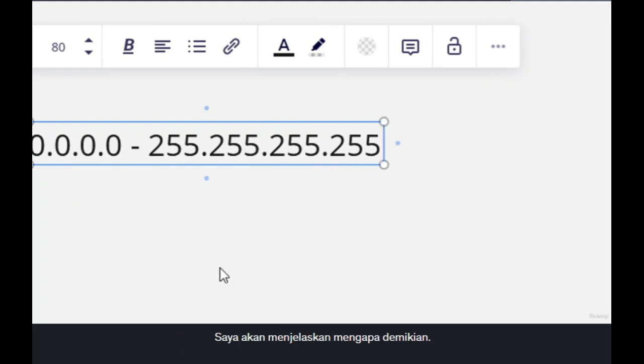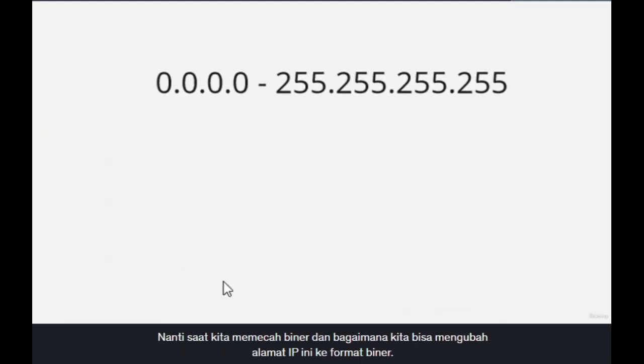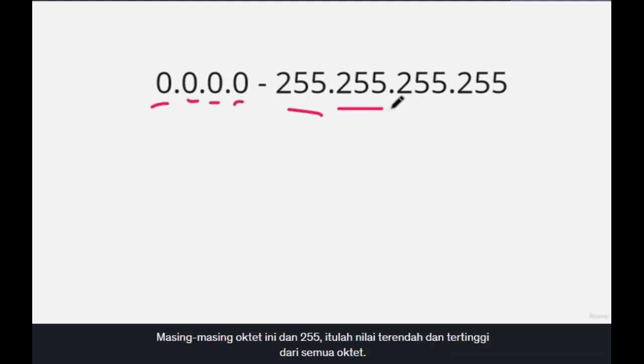I'll explain why that is later on when we break down binary and how we can convert these IP addresses to binary format. But let's just start by understanding that every single octet can possibly be between the value of 0 and 255. That's the lowest and highest possible value of any octet.